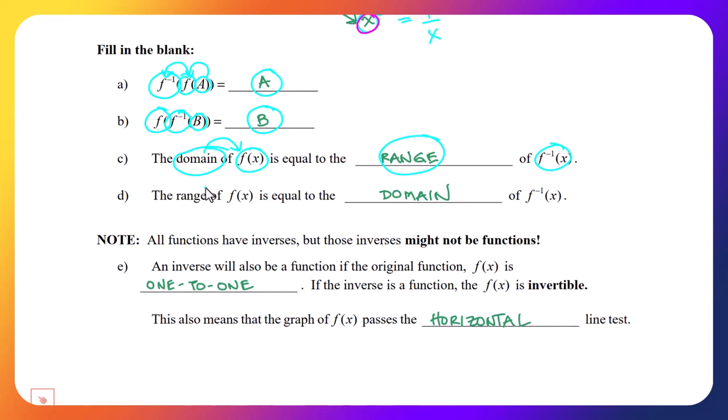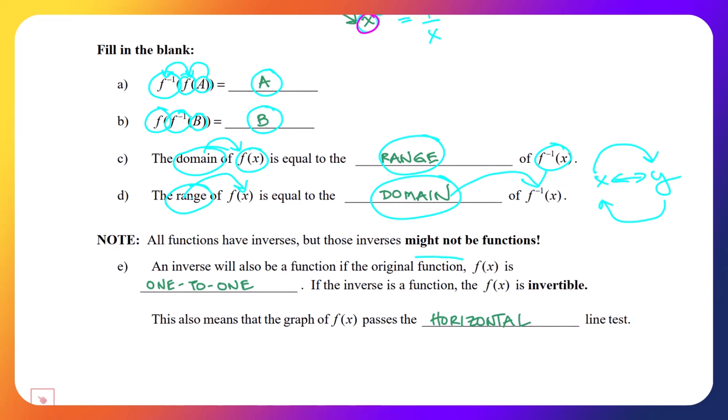Vice versa, the range of the original function is the same thing as the domain of the inverse function. X becomes y, and y becomes x. Instead of x going to y, y goes to x.